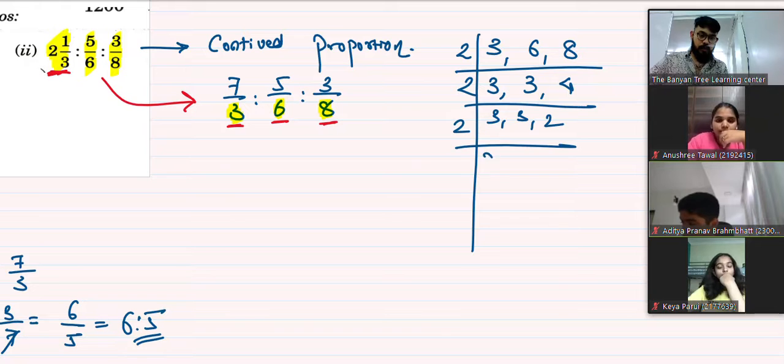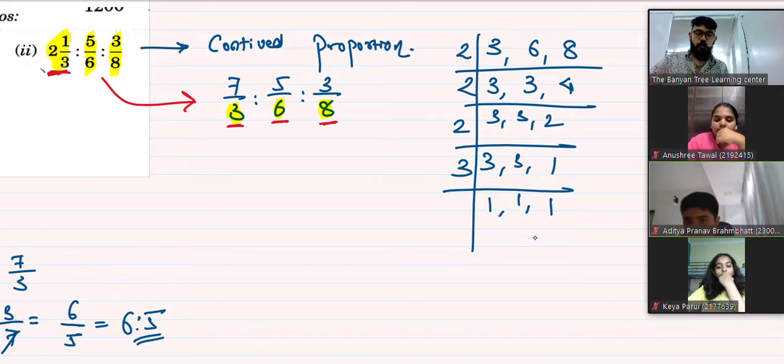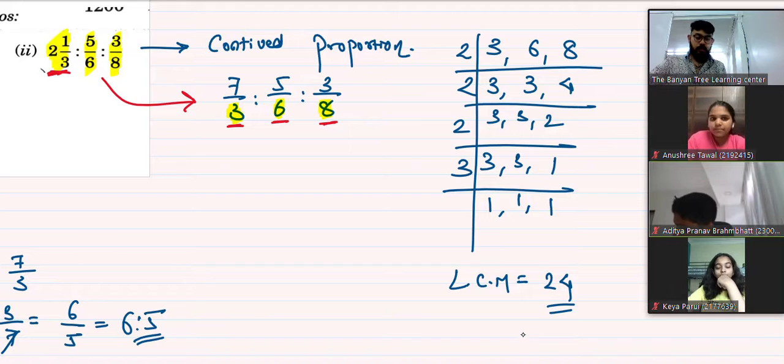Again by 2: 3, 3, 1. Then divide by 3: 1, 1, 1. So the LCM is 2 twos are 4, 2 fours are 8, 3 eights are 24. Do you see that? LCM is 24.